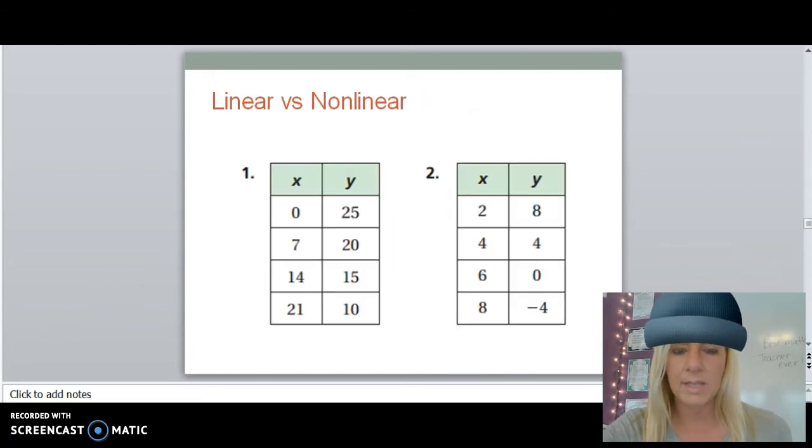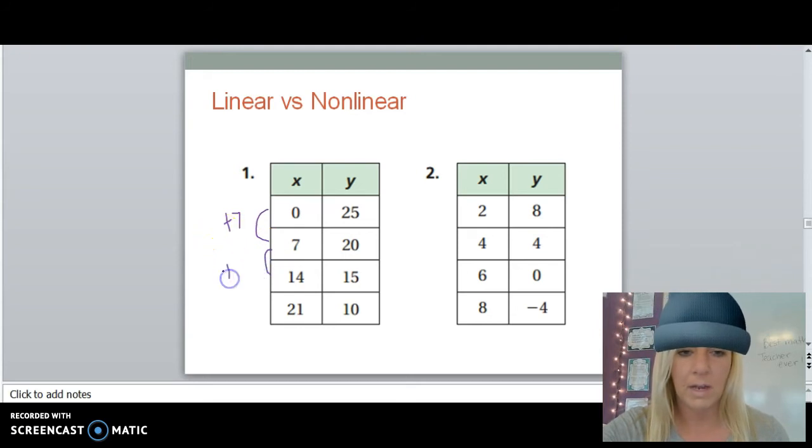Let's look at two more examples. In our x values, to get from 0 to 7, we add 7. 7 to 14, add 7. 14 to 21, add 7. To go from 25 to 20, subtract 5.